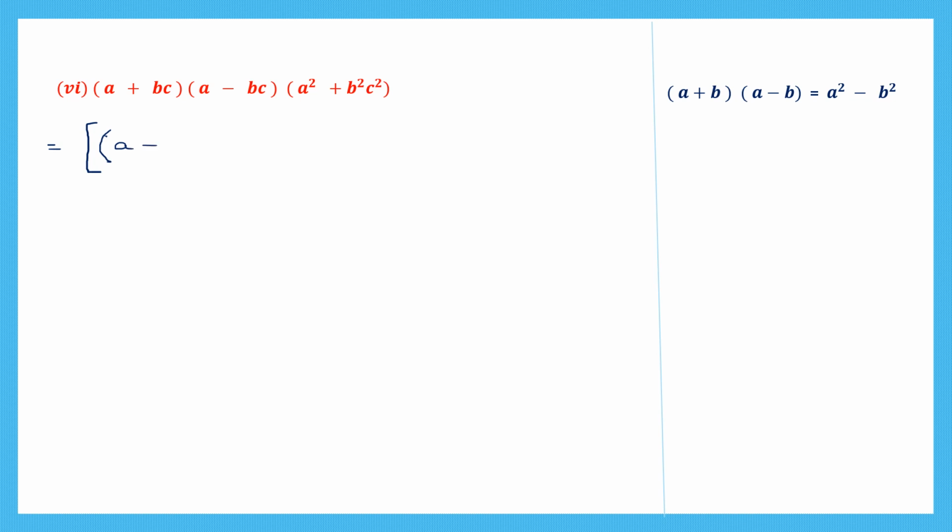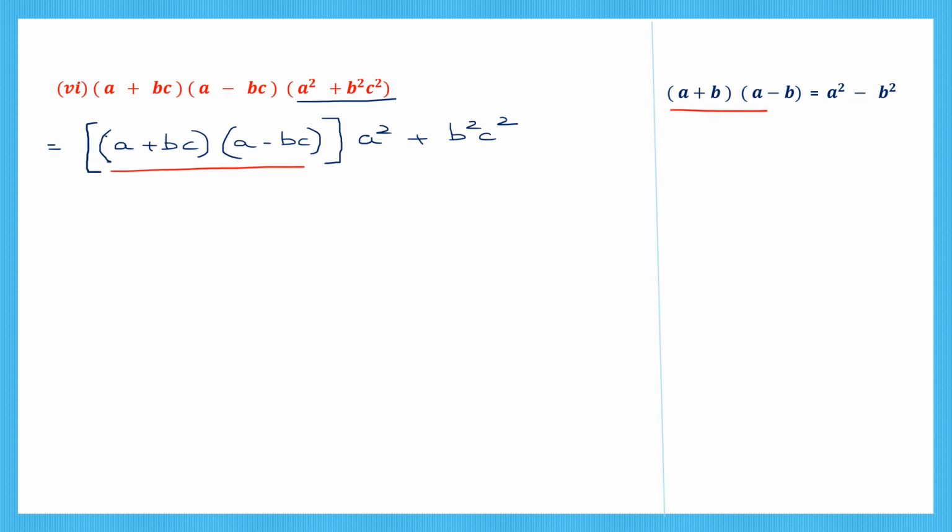So (a plus bc) into (a minus bc). And now let's bring down the next one, which is a square plus b square c square. Now we're going to work on these by applying this formula. It is in that same format. So this will be a and this will be b.